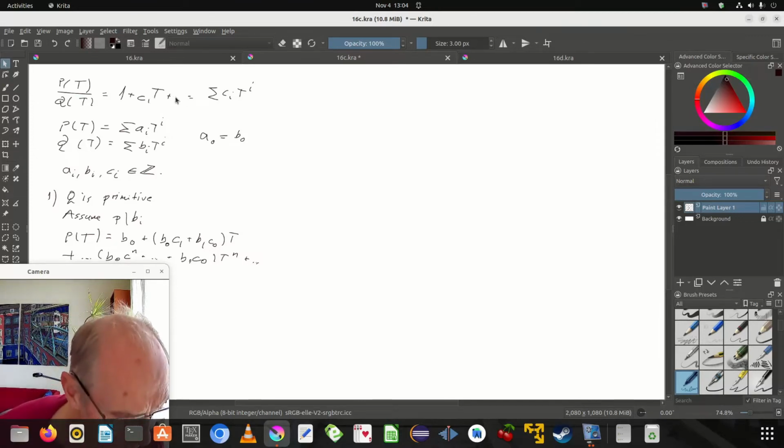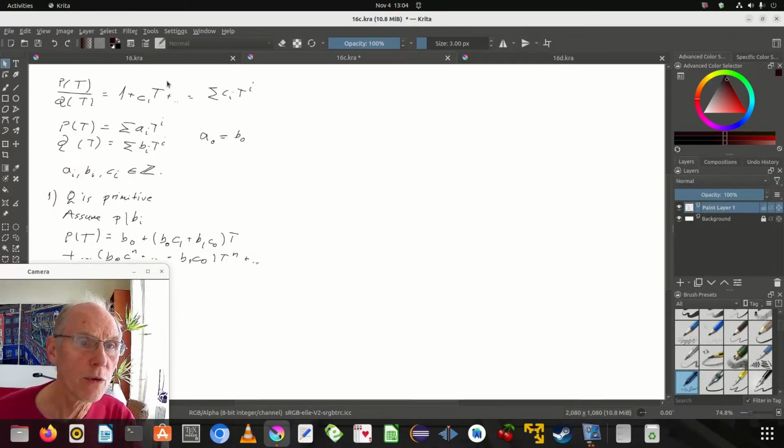The next one, use the Euclidean algorithm to what? We know that P and Q have no common factors, otherwise we would have reduced them.